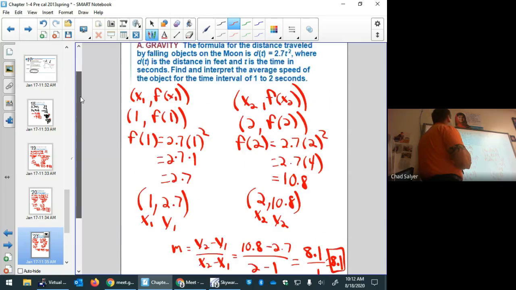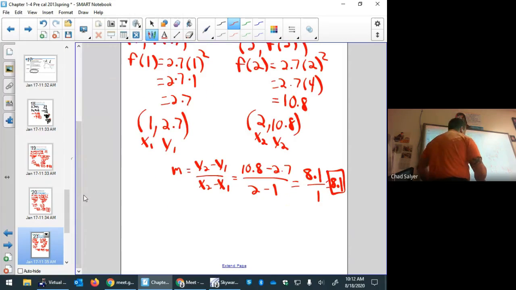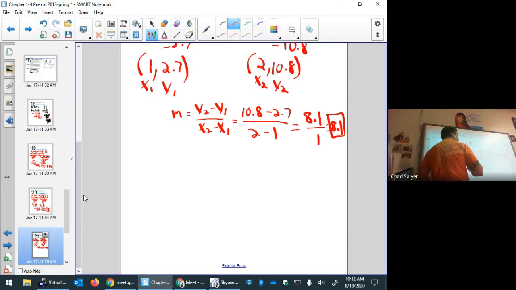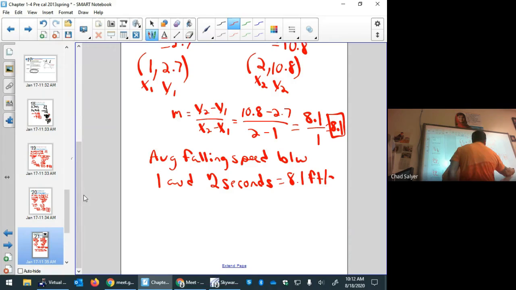And interpret that. So it asks us to interpret it. What that means is the average rate of change between 1 and 2 seconds of falling on the moon is 8.1. So the average falling speed between 1 and 2 seconds is 8.1 feet per second.